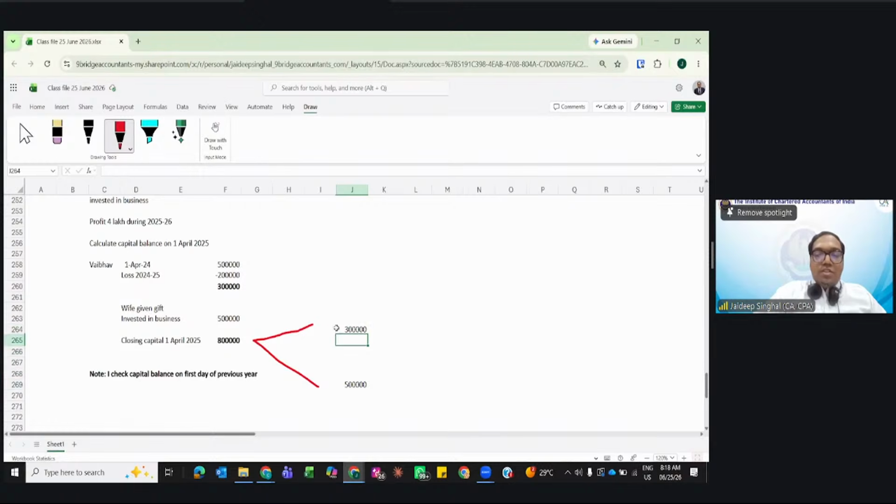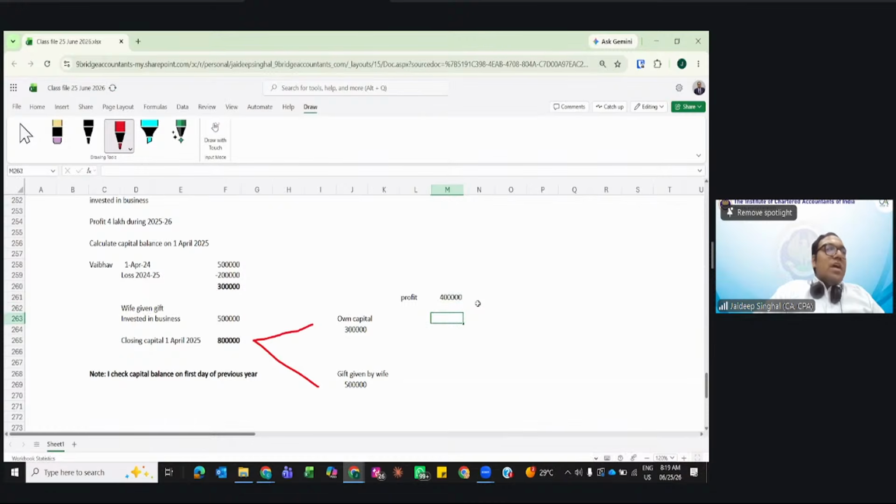Now, this is own capital. This is the gift given by wife, which is invested in business. Now, we need to allocate the profits. How much was the profit in 25-26? Profit was 4 lakhs. Can you allocate in 3:5?